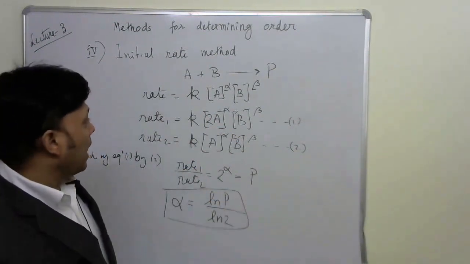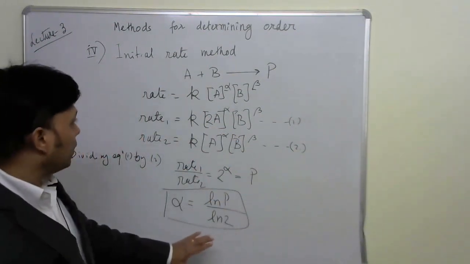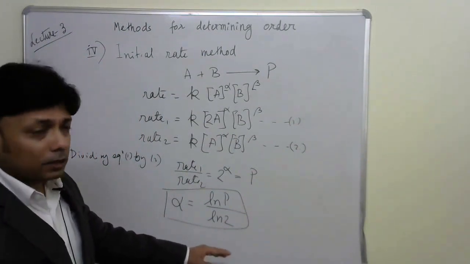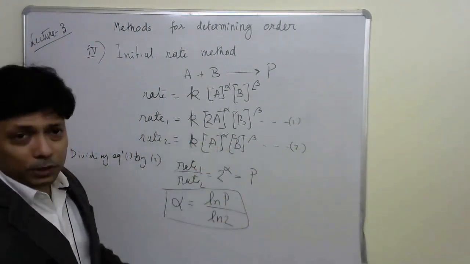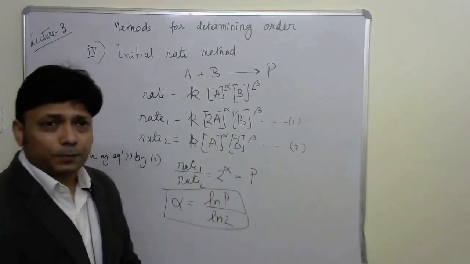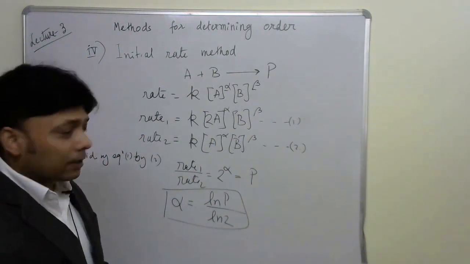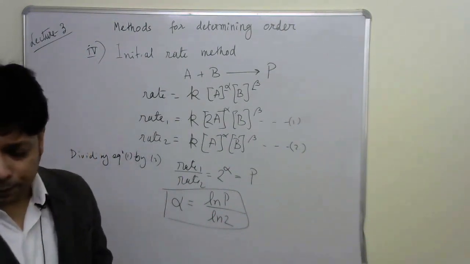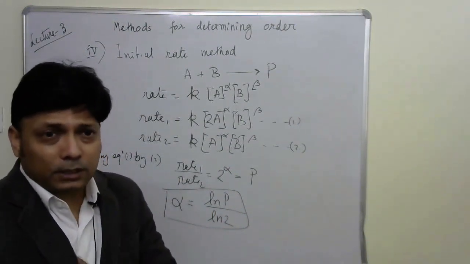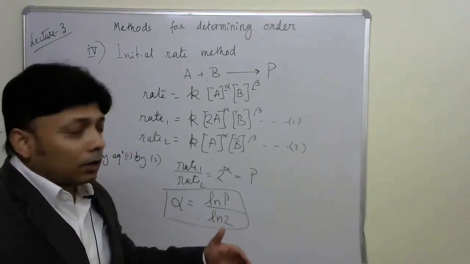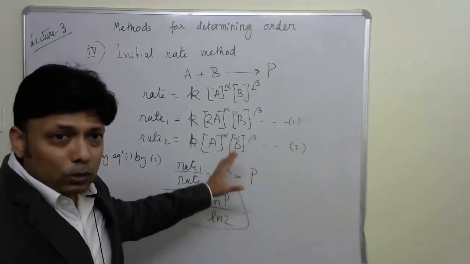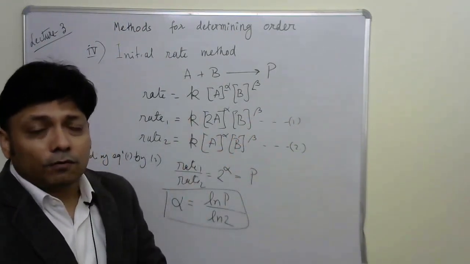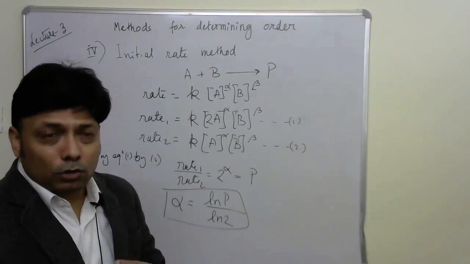This is one of the most popular methods to figure out alpha or beta, especially when the reactions are of second order. So these are the 4 methods, and we have discussed the basic principles, and we should consider these methods for solving some numerical problems.